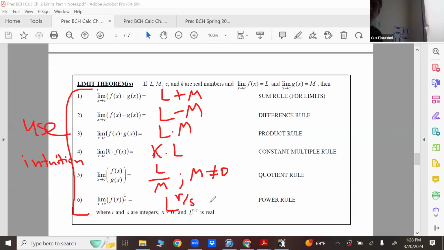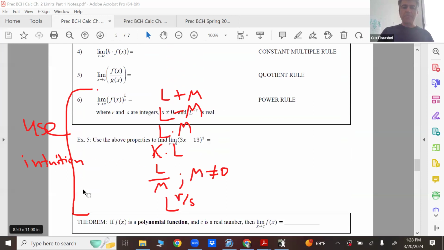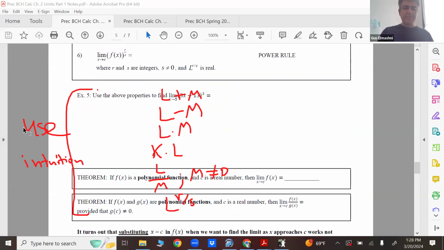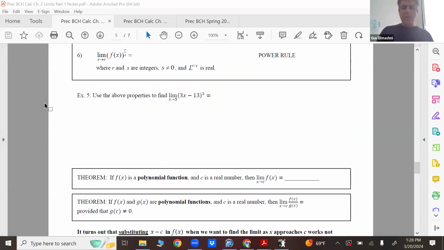Yes, exactly, 100%. Correct. So in this case, if you really want to go about it in a labor intensive fashion, you could do this.